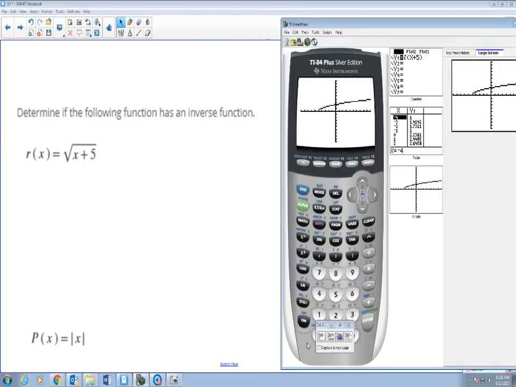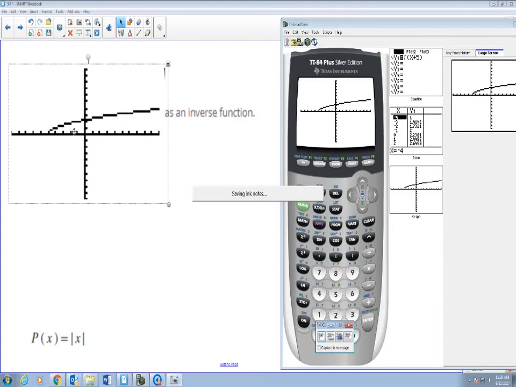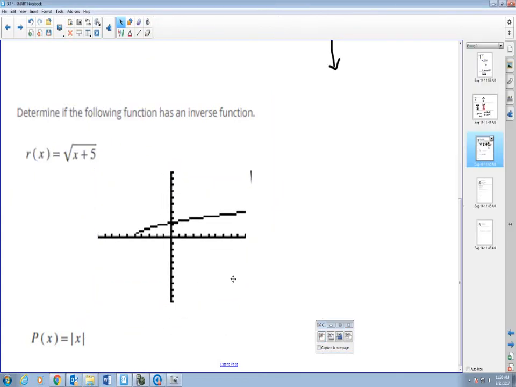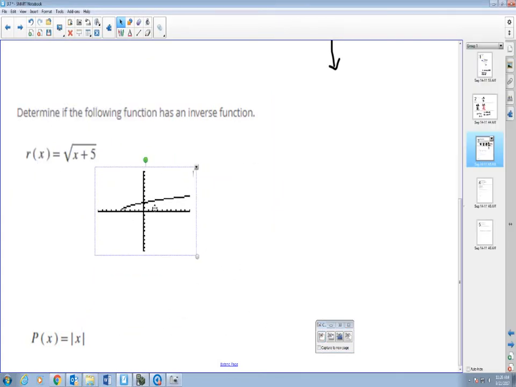If I use a horizontal line test, a lot of times we gotta be careful. When these lines get a little bit flatter, that does not mean the y values are the same. Sometimes it is, sometimes it's not. If I draw a horizontal line through it, it will only cross my function one time. So yes, it's one-to-one.